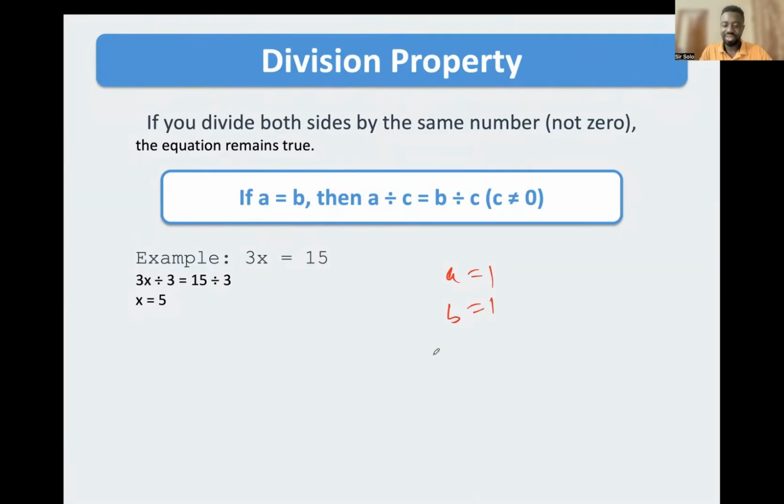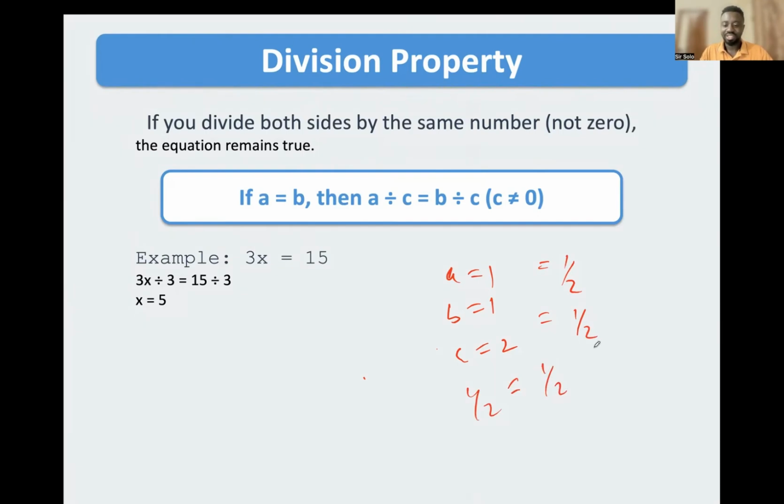Then say we divide by C, and C is equal to 2. If A is divided by 2, that is 1 over 2. So 1 over 2 is equal to 1 over 2 on both sides.